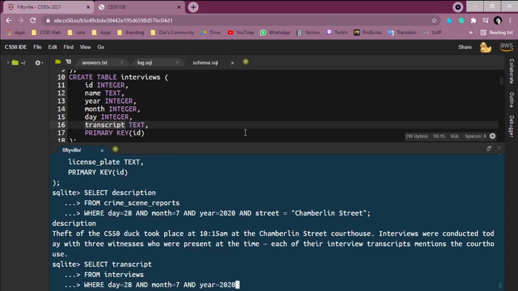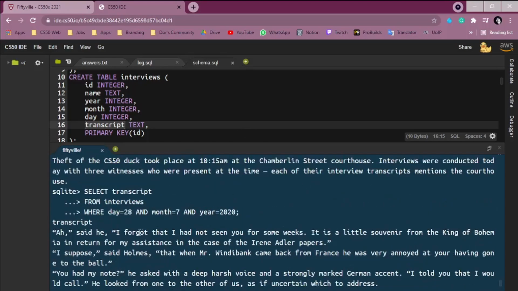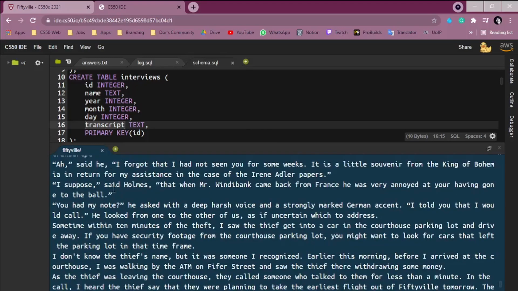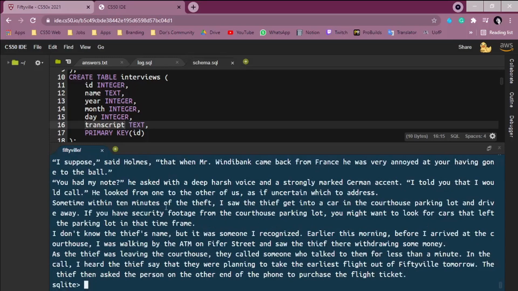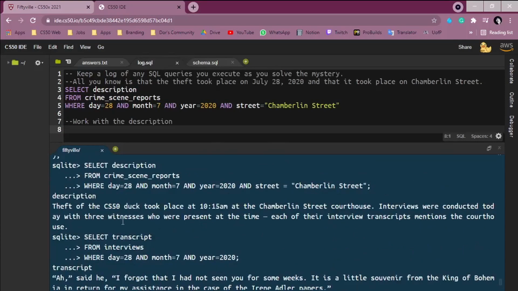And we have one more piece of information, because if we run this, we have more than 3 transcripts. So we have to be sure that we're getting information from the 3 witnesses that were in the same place. And if we take a look here, the 3 witnesses who were present at this time, each of their interview transcripts mention the courthouse.